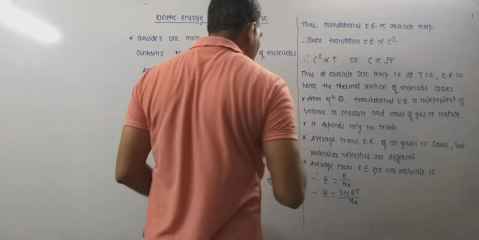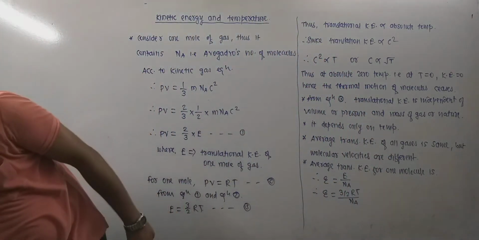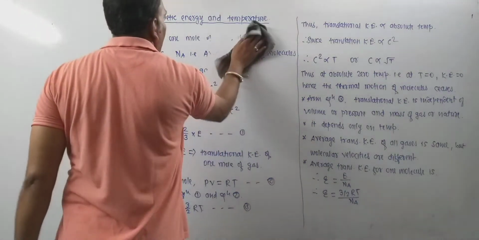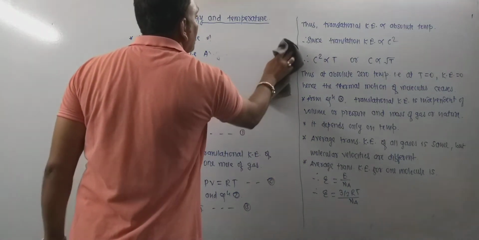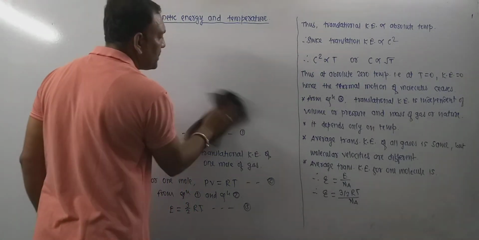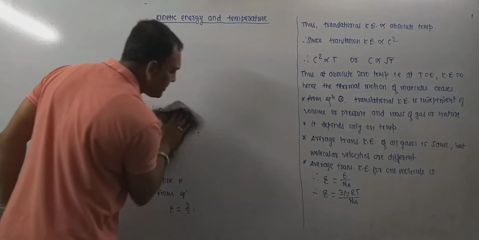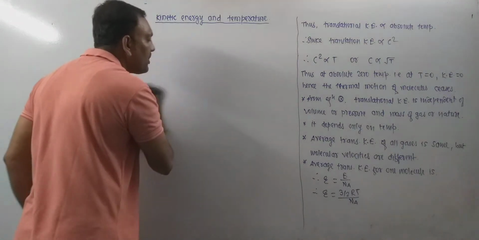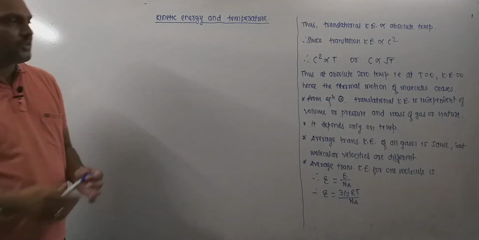Now remember, R by Na, the ratio of the gas constant and Avogadro's number, is known as the Boltzmann constant.